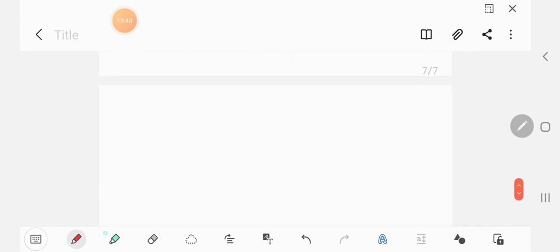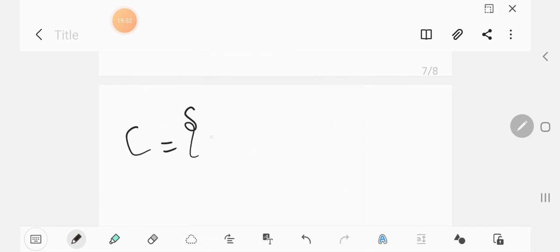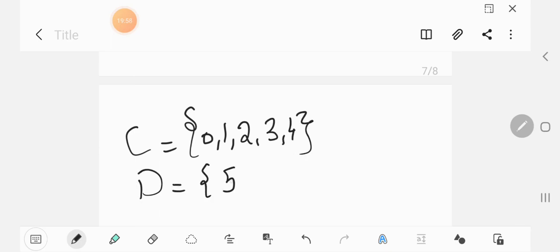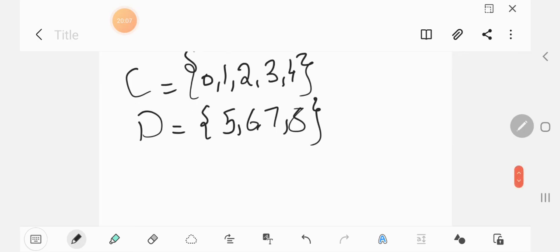Again, another example. If we have here set C equal 0, 1, 2, 3, and 4, and set D equal 5, 6, 7, 8. Do you see any intersection between set C and set D?